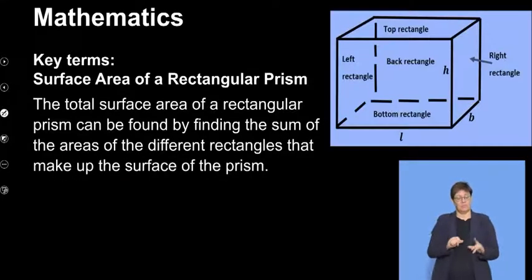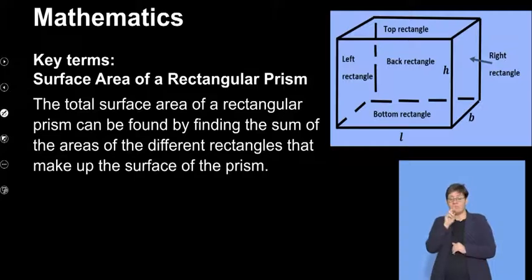Great, so the next definition is the surface area of a rectangular prism. The total surface area of a rectangular prism can be found by finding the sum of the areas of the different rectangles that make up the surface of the prism. So guys, this is similar to a cube in a way, where we have 6 external faces that are making up the prism.